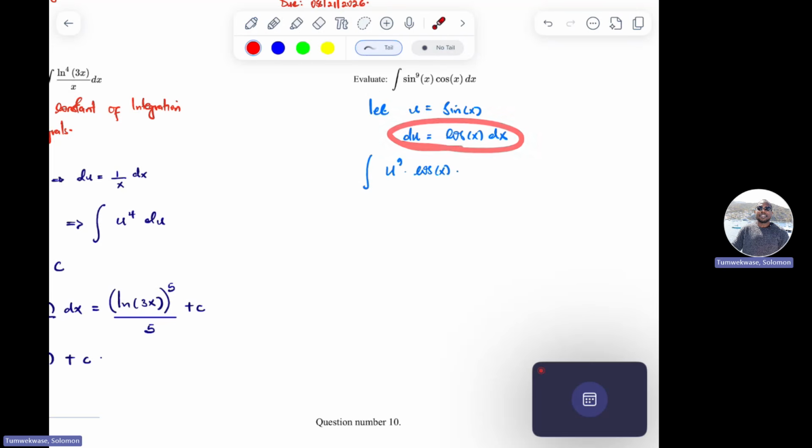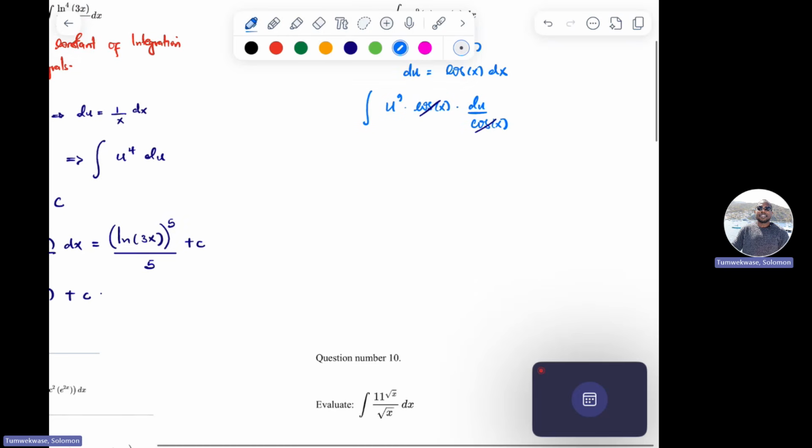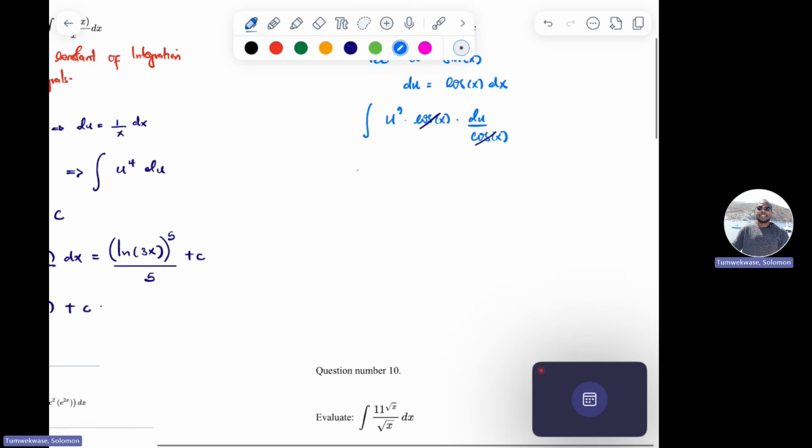From this expression, I see that dx is the same as du over cosine x, so this is du over cosine x, and therefore this cosine x can cancel, and like I said, when I do that, I'll have everything in variable u.